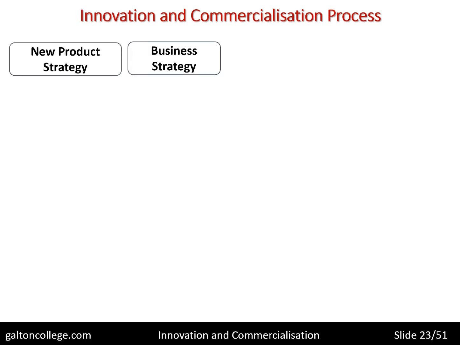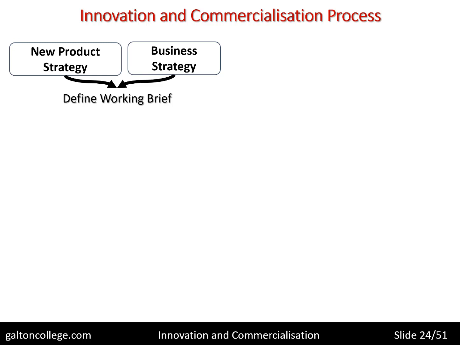So we have business strategy, we have new product strategy, and put the two together, we have some sort of working brief that's required. This working brief will enable the new product to come into existence, and it'll fit in terms of the business strategy.